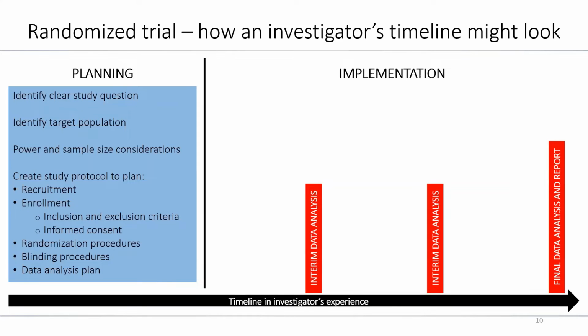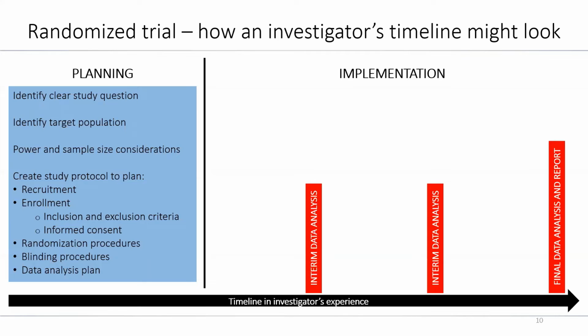Some of these milestones along the way are interim data analyses and reporting periods to monitor the potential benefits and harms of the study treatments. Typically, studies will be evaluated by what is referred to as a Data Safety Monitoring Board, or DSMB, which is an independent advisory board that consults the study team regularly and oversees the execution of the study.